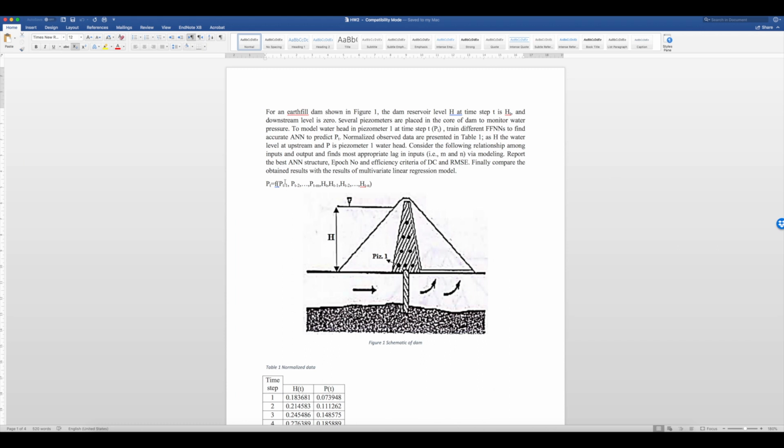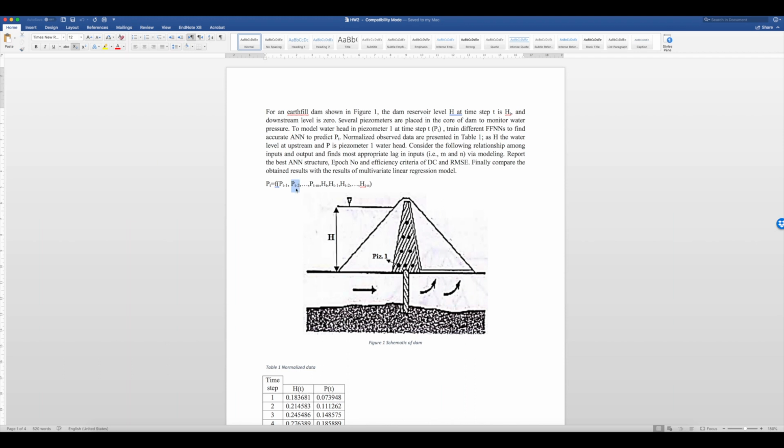Let me repeat. If we are recording every 1 hour, we will use the pressure at one previous hour to predict the pressure at the current time. This is the idea of the lags.